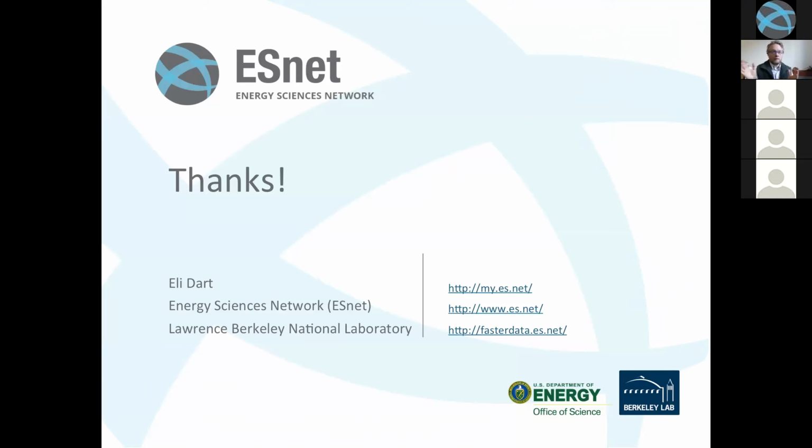So this could be any platform that you wanted. I chose Globus in this example, but if you had a different platform you wanted to use, you could do that as well.